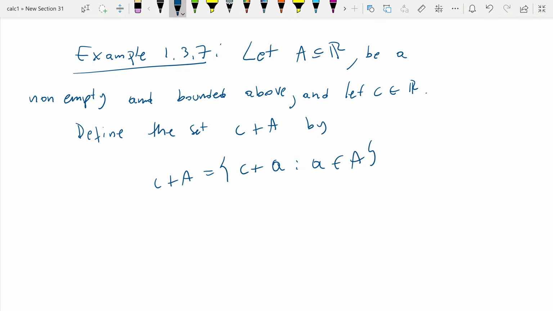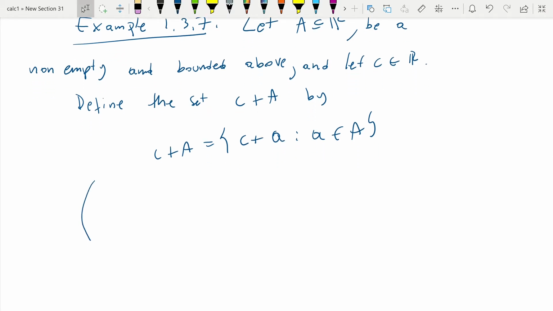If you remember what we did when defining the operations for real numbers, for Dedekind cuts, we define the notion of addition of Dedekind cuts, and these are subsets of rational numbers. So this is actually reminiscent of that.